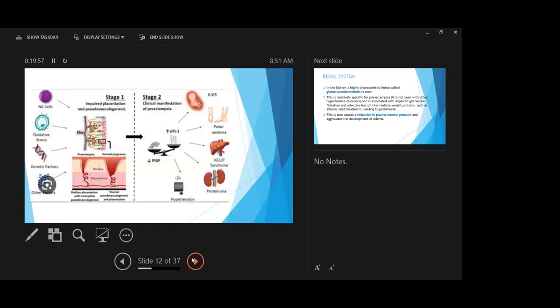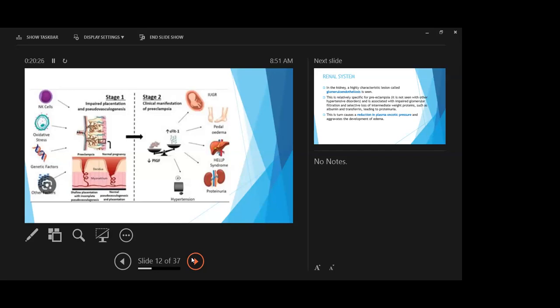Now, these are two new chemicals or hormones, one is placental growth factor. This is always confusing. It appears to be PIGF, it is not PIGF, it is actually PlGF, with a small l. So placental growth factor, remember that. And these are soluble FLT, fms-like tyrosine kinase receptor 1, those things.